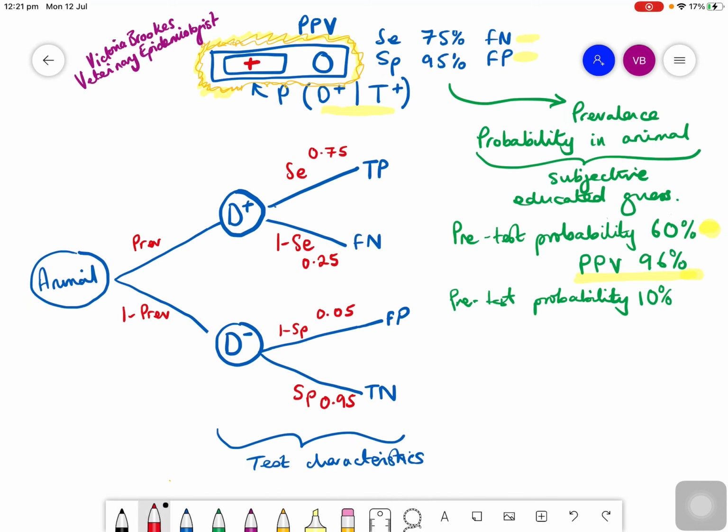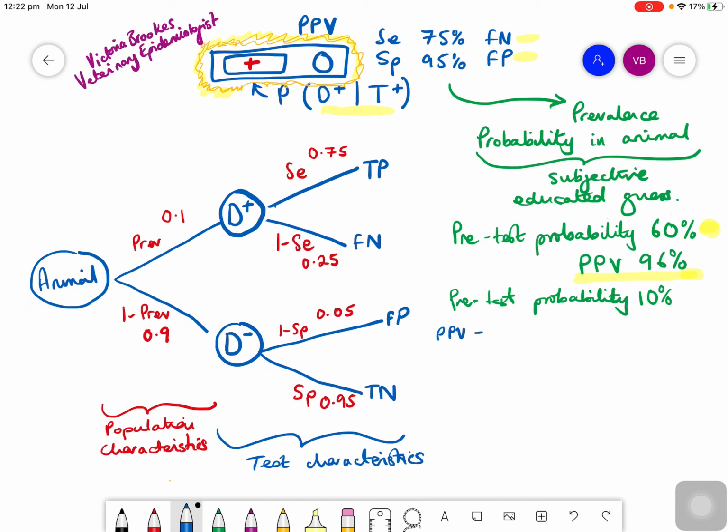The only thing that's changed is the population characteristics. Previously we had 0.6 up here, but this time we've only got 0.1. And 1 minus prevalence, 1 minus 0.1, is 0.9. So let's have a look at how this works out.